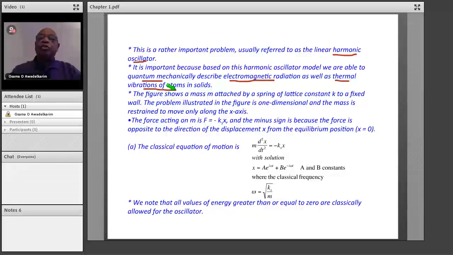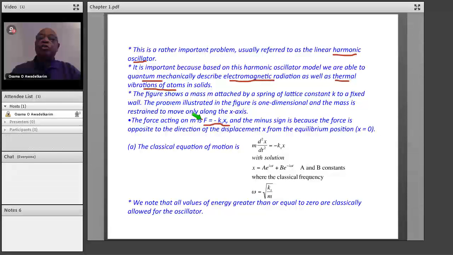So let us first remind ourselves of the classical approach. We know that the force F is a restoring force, and this force is directed in the negative x direction, and it depends on the spring constant Ks and the displacement x at any time, at any position.